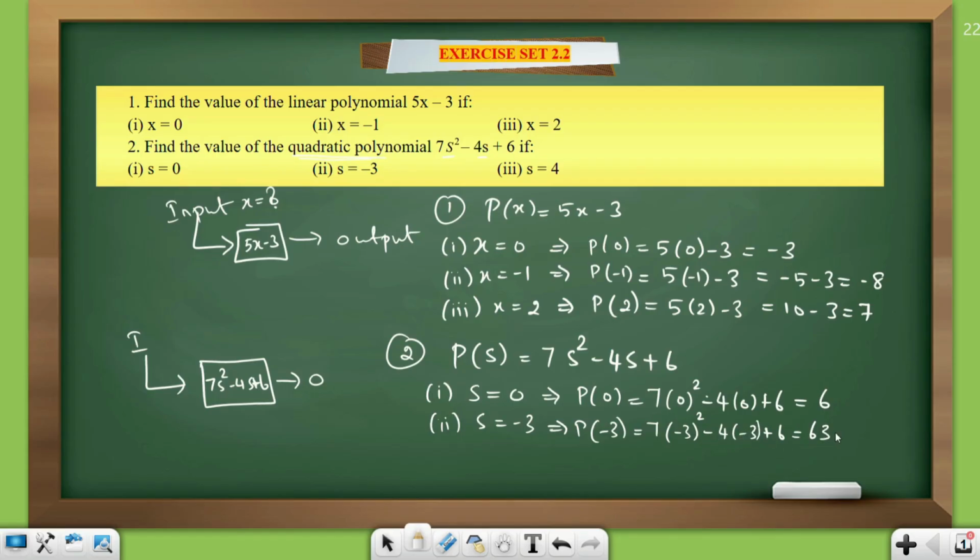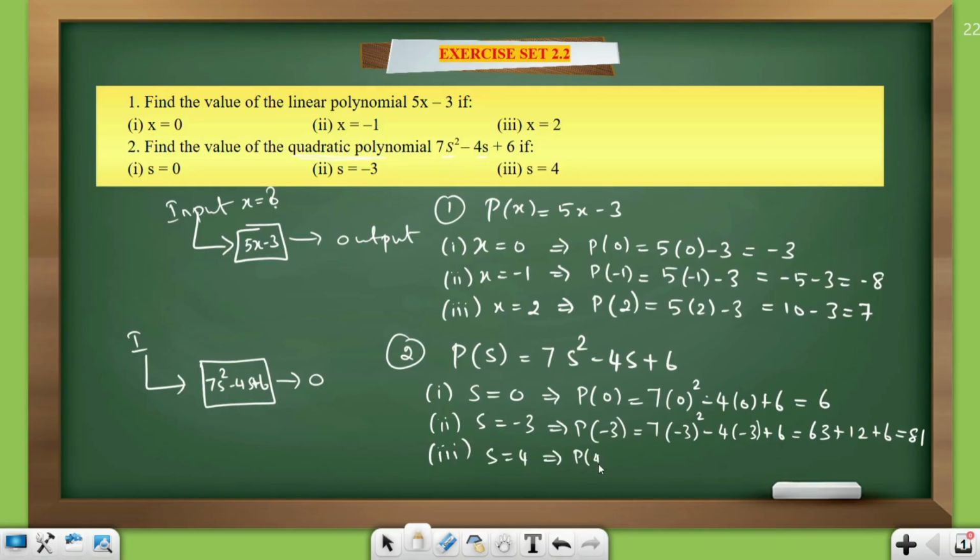Minus into minus is plus, and 4 threes are 12, plus 6. So 63 plus 12 is 75, and 75 plus 6 is 81.